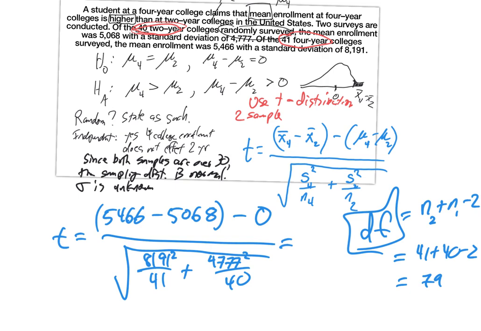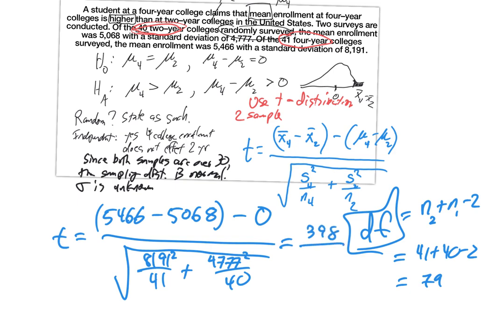I have a calculator, someone else should have a calculator. Verify my calculations as we go through it. So the numerator is going to be 398.